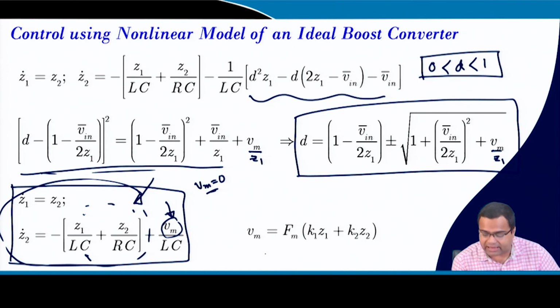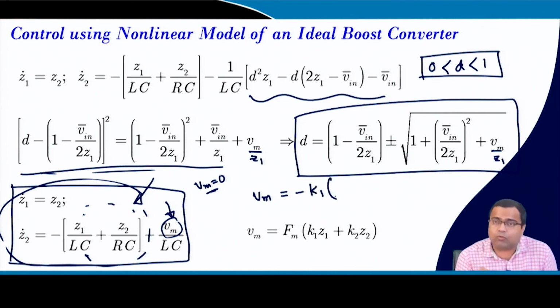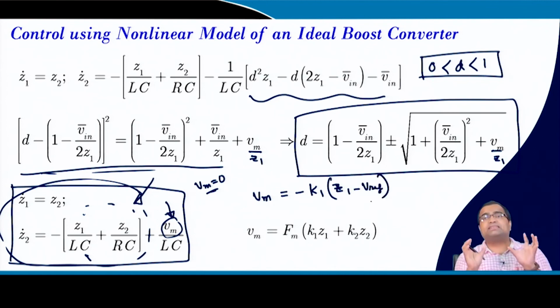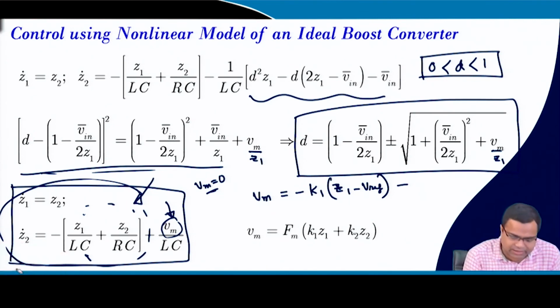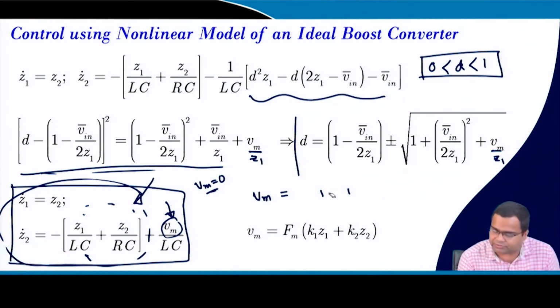And in more generic terms we can take Vm to be minus K1 times Z1. What is Z1? Z1 is the output voltage. So you should take something like Z1 minus the reference voltage, because we need to regulate the output voltage to its desired value.